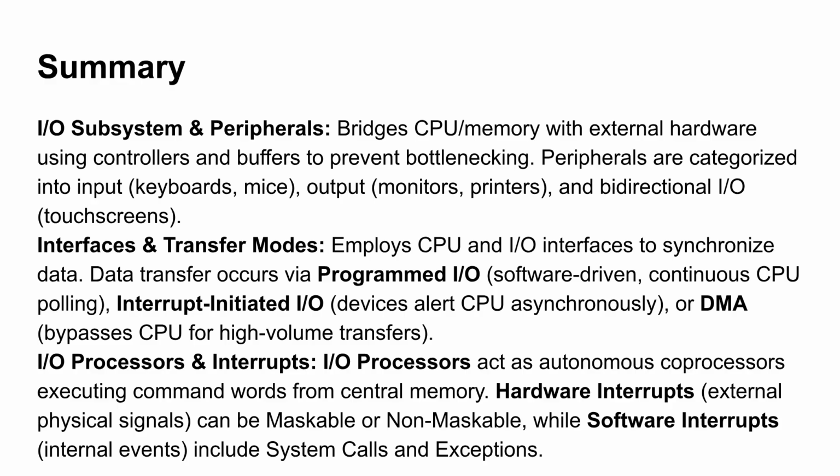We evaluated 3 data transfer modes: programmed I/O, which relies on continuous CPU polling; interrupt-initiated I/O, which uses asynchronous hardware alerts; and DMA, which bypasses the CPU for high-speed memory block transfers. Finally, we looked at how autonomous I/O processors offload complex tasks and examined how hardware interrupts, maskable/NMI, and software interrupts, system calls/exceptions, allow the CPU to respond.